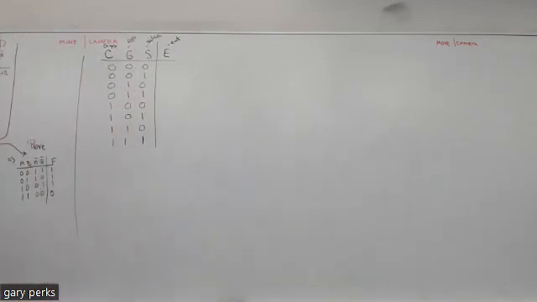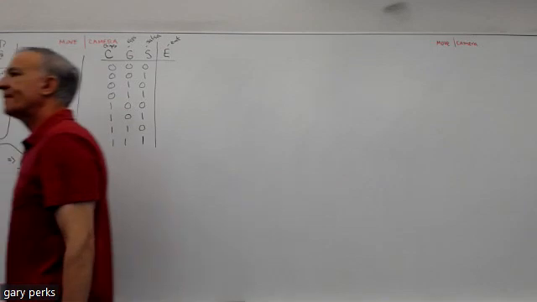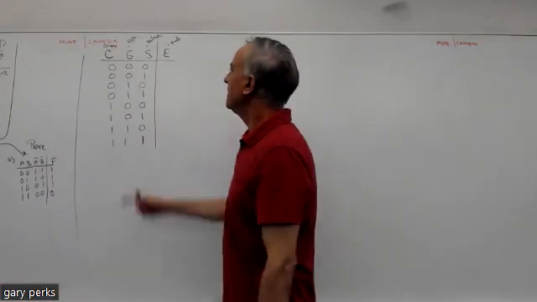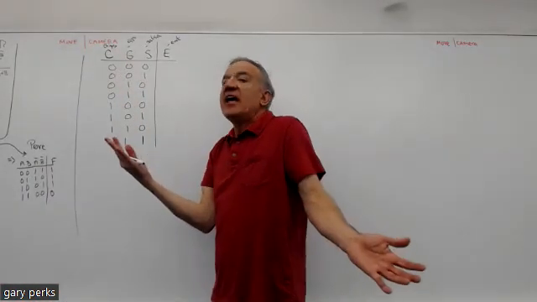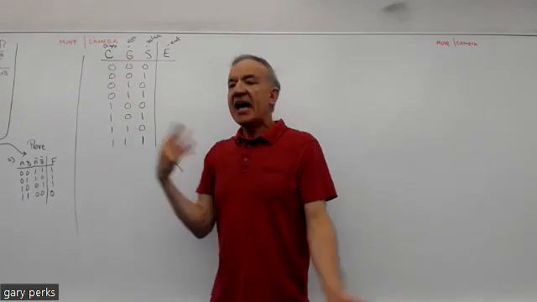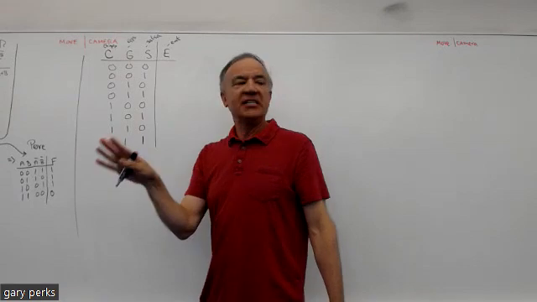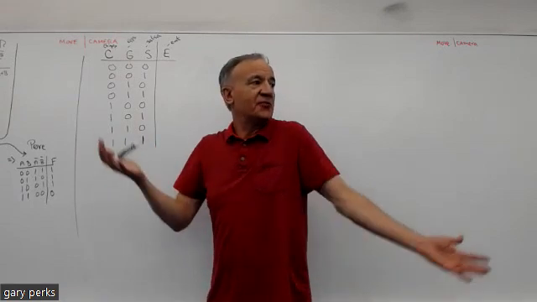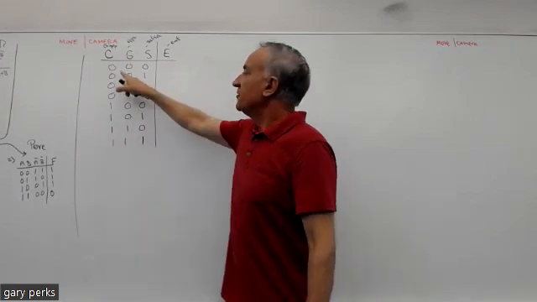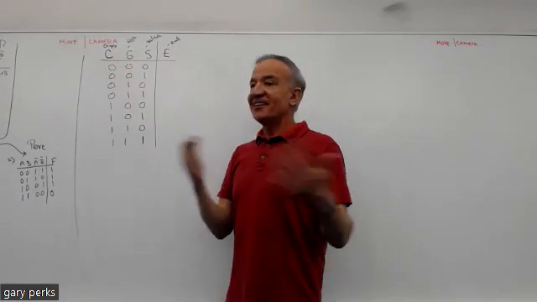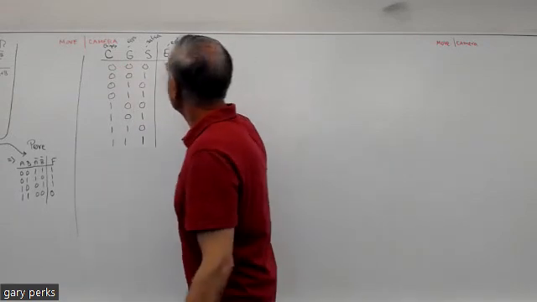This truth table is based on my appetite. Chips, egg, salsa. A 0 means we don't have it, and a 1 means we have it. A 0 out means I wouldn't eat it, and a 1 means I would eat it, right? So if there's no chips, no eggs, no salsa, there's nothing to eat. That's obviously a 0 output.